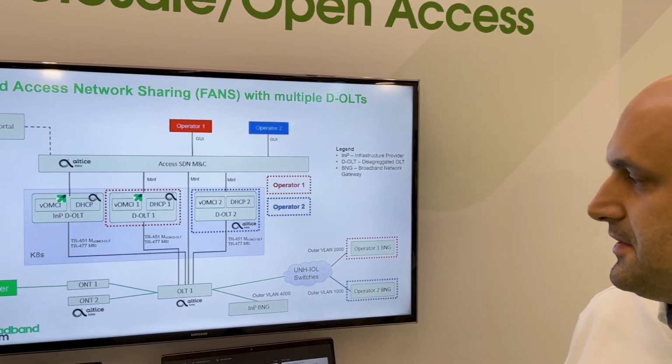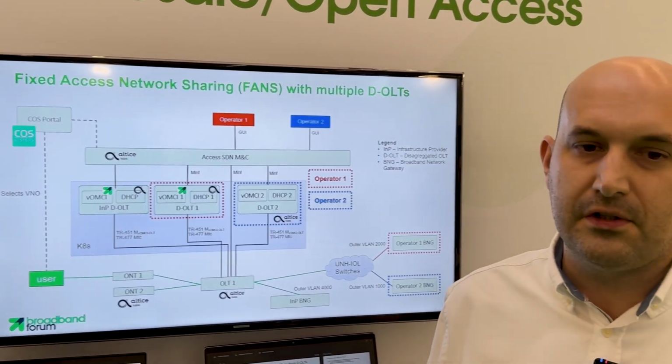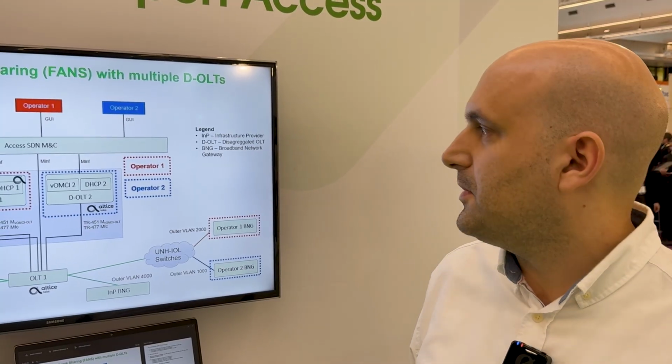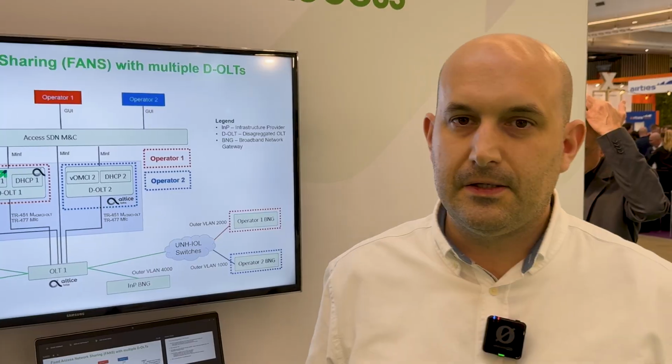In the second use case, the operator has access to a graphical interface, but also an API, and can trigger itself the provisioning of the ONTs and its own customers. So it can do it as a self-care portal. All this is orchestrated by the access manager and controller that guarantees that each VNO has access to only its resources. So we'll now proceed to the live demo.